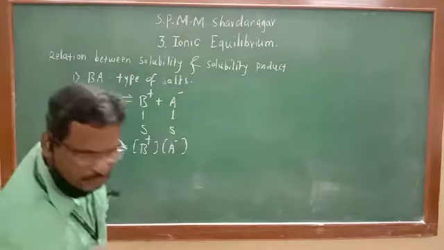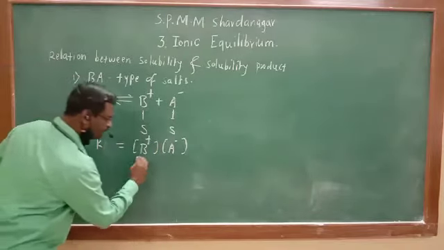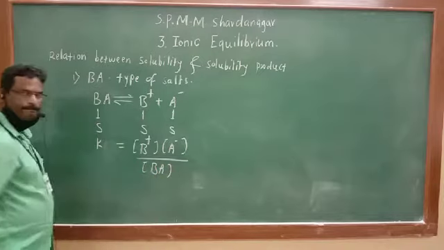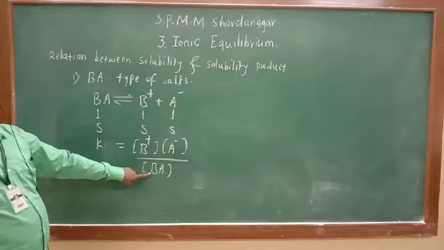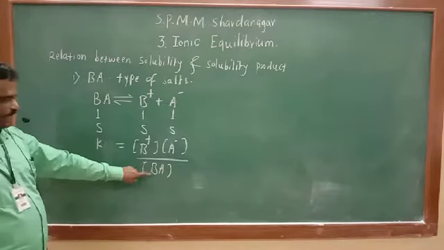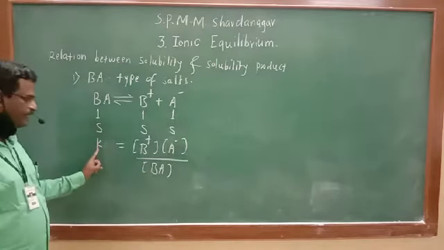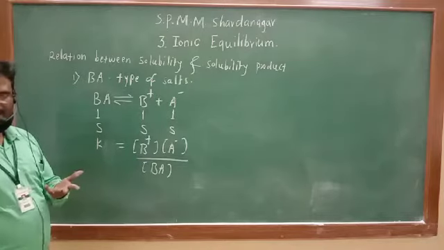We can write this as K also, but at that time, at the numerator, there is the concentration of BA. And we know the concentration of BA is always constant in liquid state. So K dash, this is K. So K into K dash, that is constant.